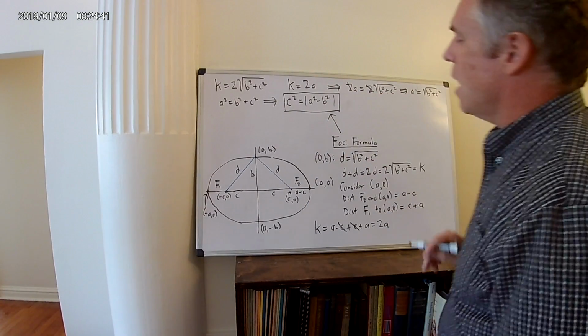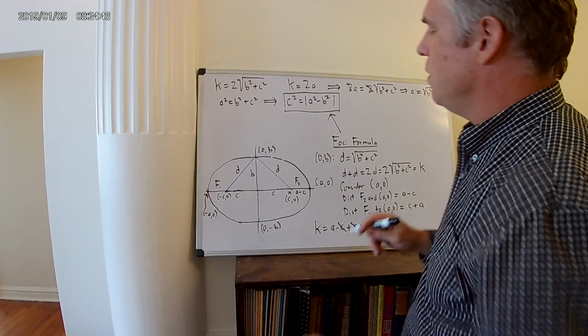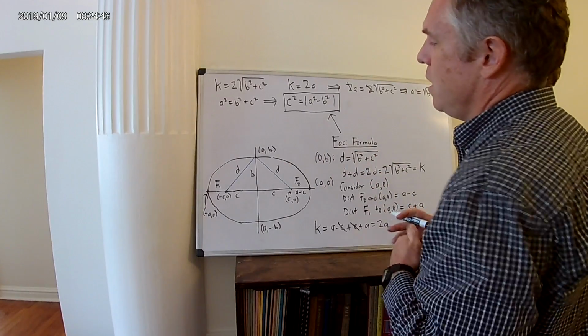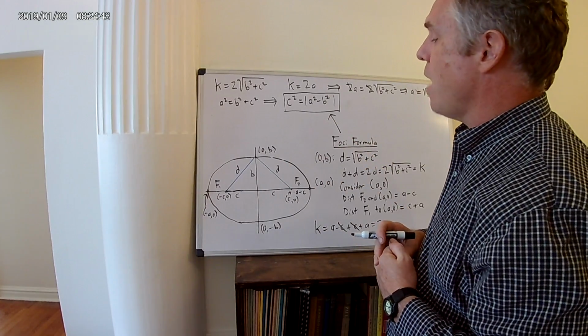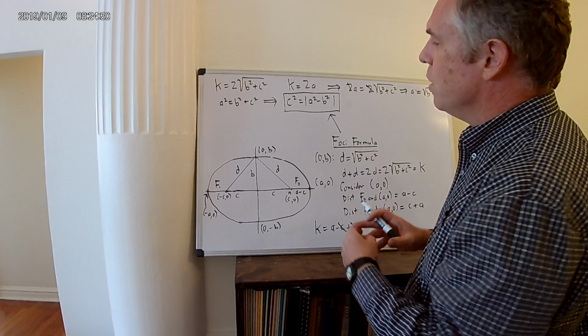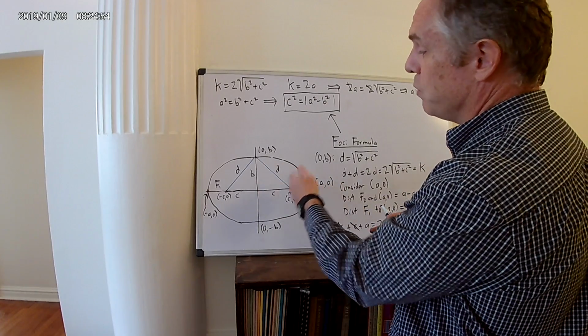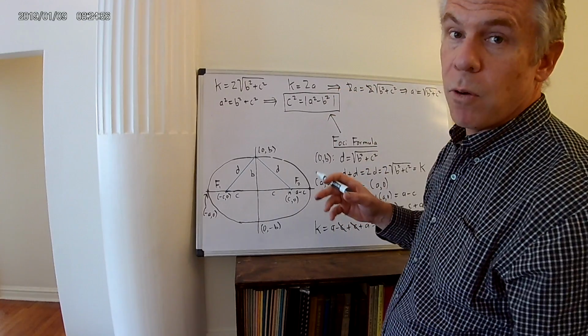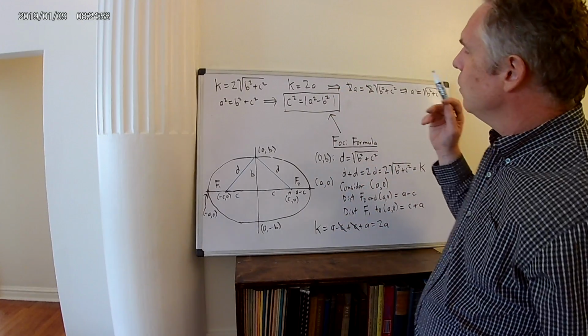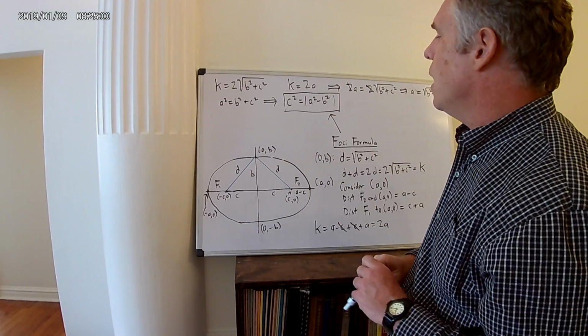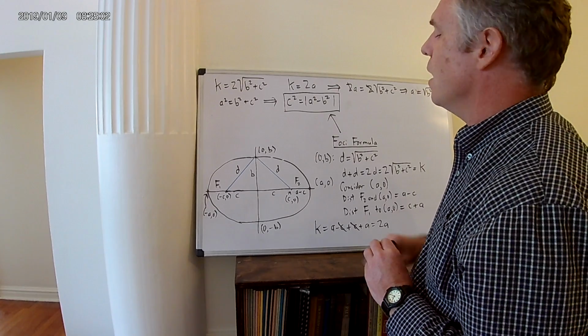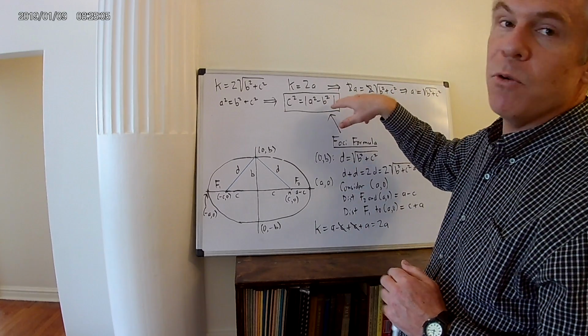Okay. In other words, if you know a and b, the semi-major and semi-minor axes of your ellipse, you can calculate the distance of each focus from the center of the ellipse, which is c, by using this formula. One little caveat. Why did I put in the absolute value signs? Because in some cases b will be greater than a.